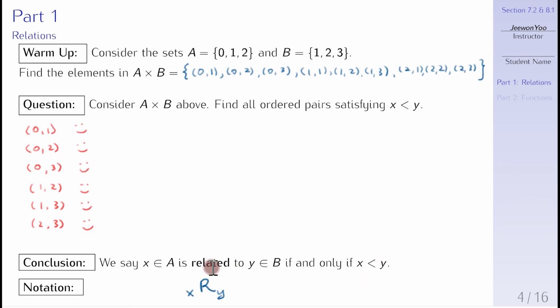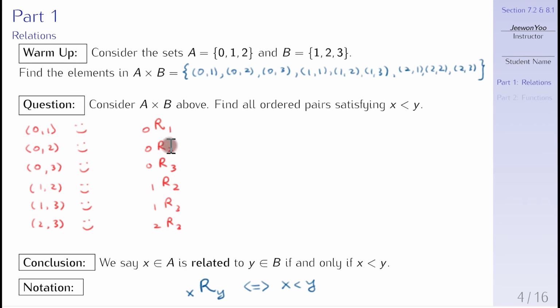So in this case, x is related to y if and only if x is less than y. So if you understand this notation, let's go back to our elements that satisfy this condition over here. We can write it as 0 is related to 1, 0 is related to 2, and so on, because they satisfy this condition over here.